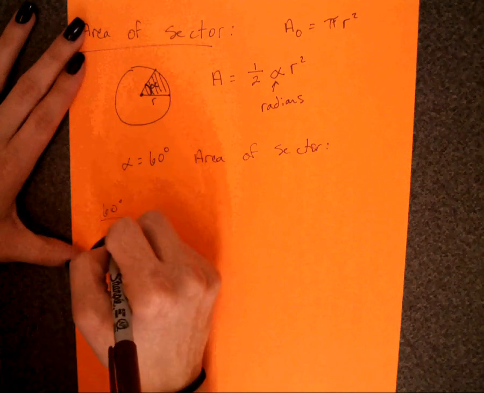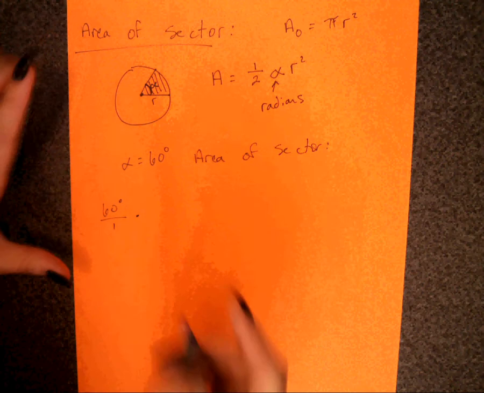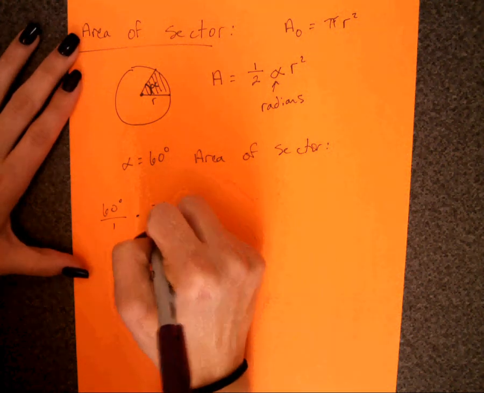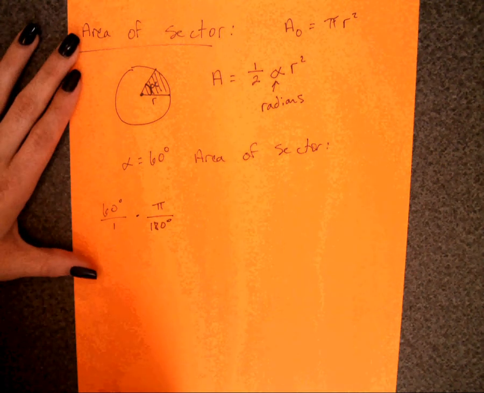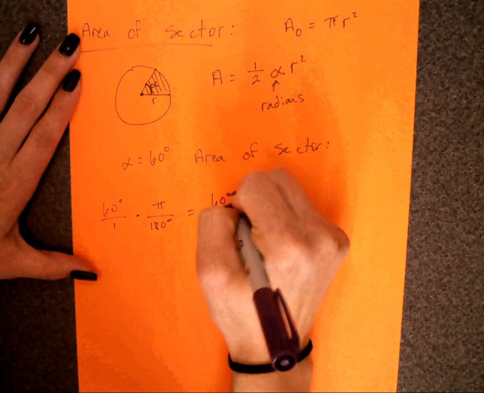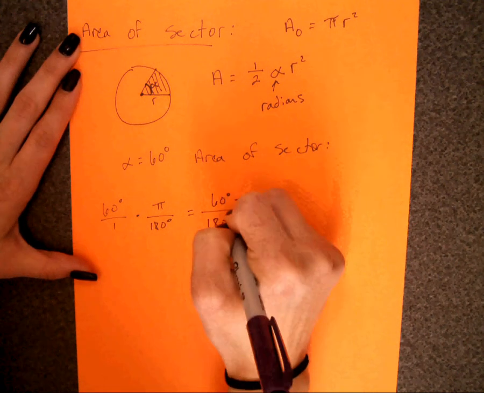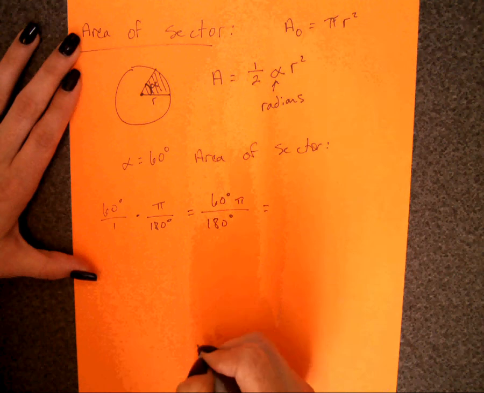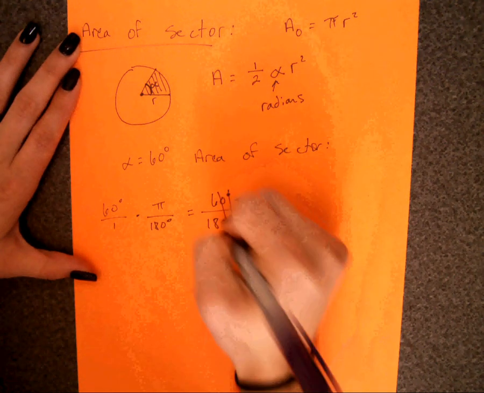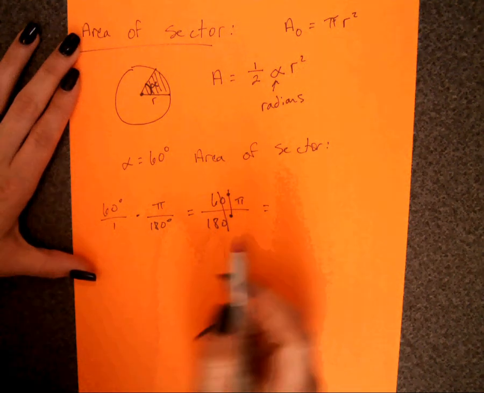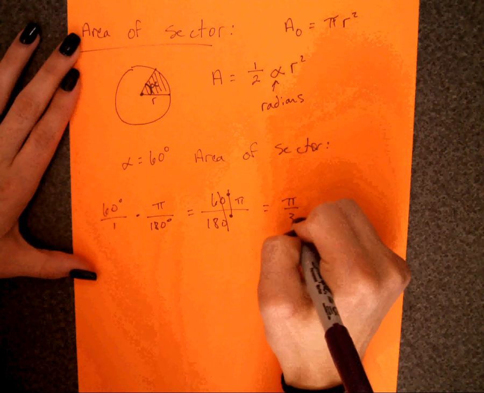So 60 degrees over 1 times, I'm going to radians, so I want the radians on top. So pi over 180. So I get 60 degrees times pi over 180 degrees. Degrees cancel out, zeros cancel out, 6 goes into 18 3 times, so this gives me pi over 3.